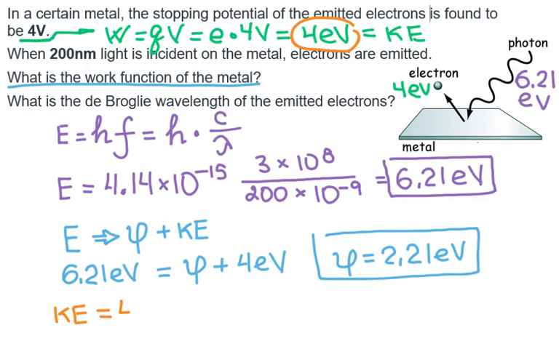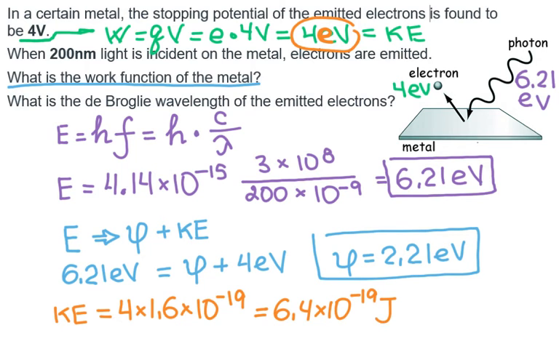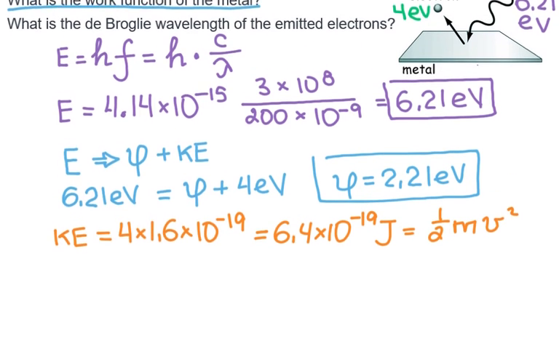So I have 4 times 1.6 times 10 to the negative 19, the charge of the electron, and I will get the energy in joules as 6.4 times 10 to the negative 19 joules. And that is equal to one half the mass times the velocity squared.